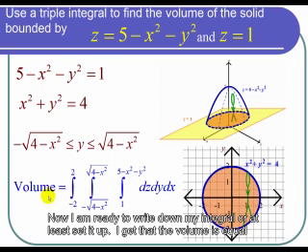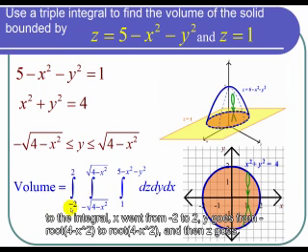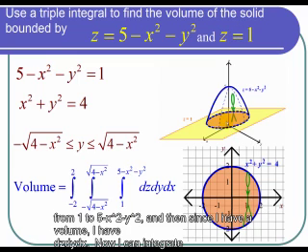The volume is equal to the integral where x goes from negative 2 to 2, and y goes from negative root 4 minus x squared to positive root 4 minus x squared, and then z goes from 1 to 5 minus x squared minus y squared. And since I have a volume, I have dz, dy, dx.